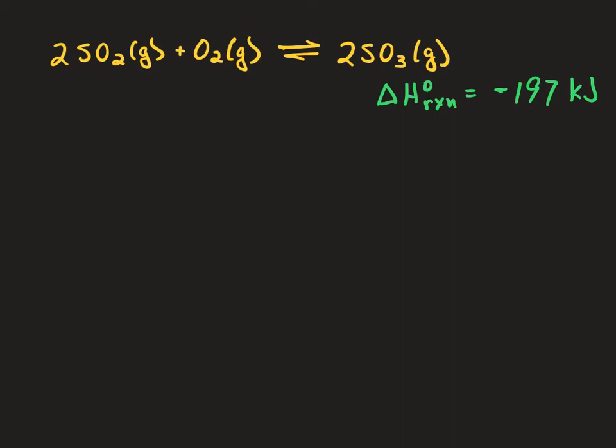Here's another reaction that I'm pretty sure we've seen before, right? Here's sulfur dioxide reacting with oxygen to make sulfur trioxide, and those gases are in equilibrium. And here we have a heat of reaction, an enthalpy change of negative 197 kilojoules.